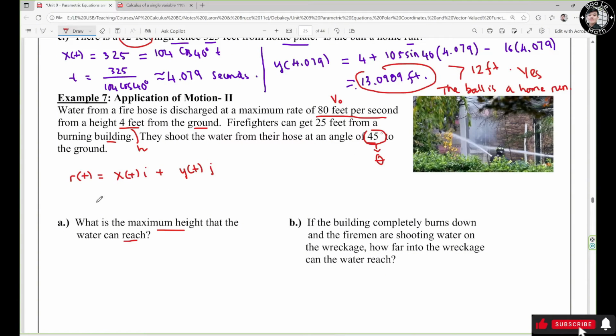So we have s of t equals v0 cosine theta.